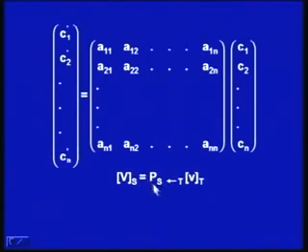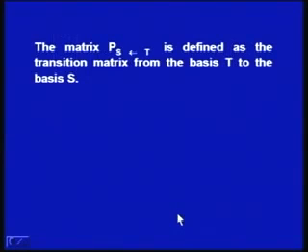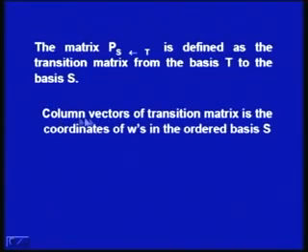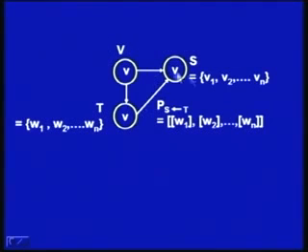This is a special notation we use for change of coordinates. Now this matrix Pst is defined as the transition matrix from the basis T to the basis S, and the column vectors of the transition matrix are the coordinates of the W's in the ordered basis S.